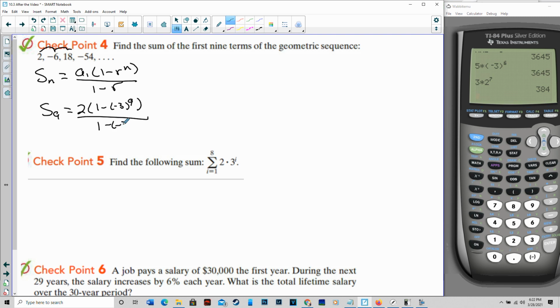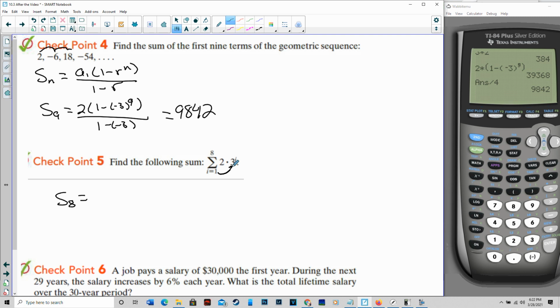Over 1 minus -3. And that's 2 times 1 minus -3 to the 9th. And let's get the numerator. And then we'll divide that by 4. 9,842.